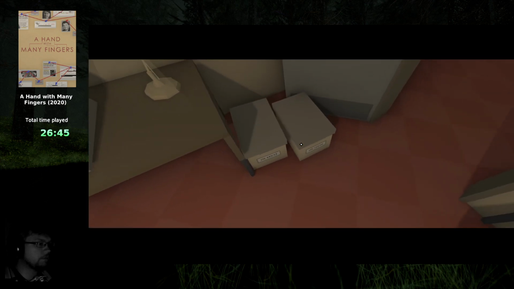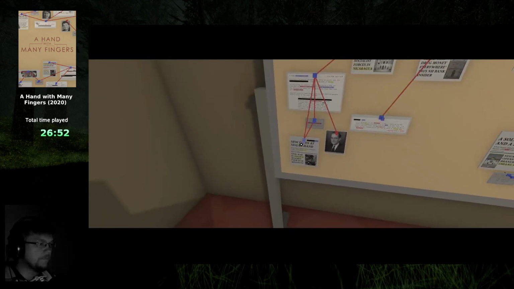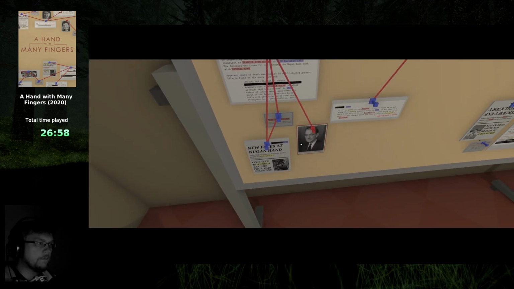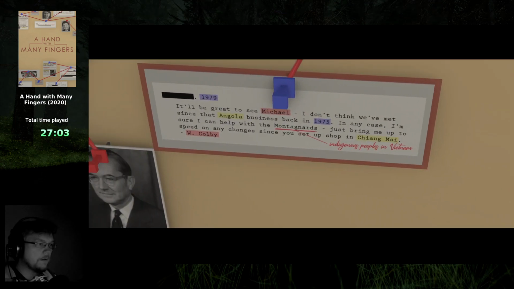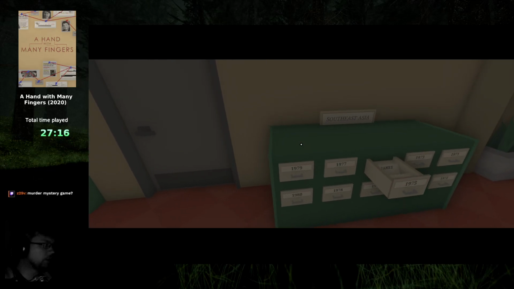Oh shit. Then what? Double check that. Southeast Asia boxes.